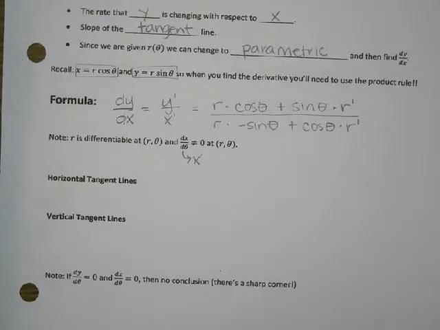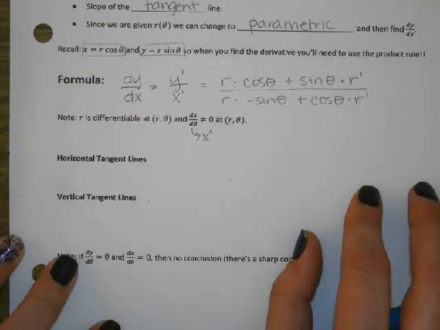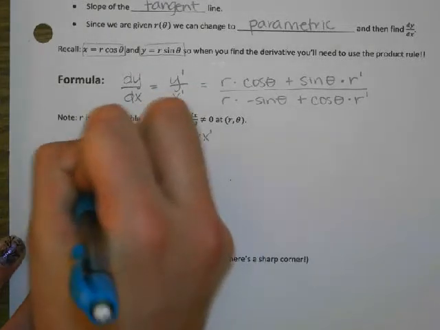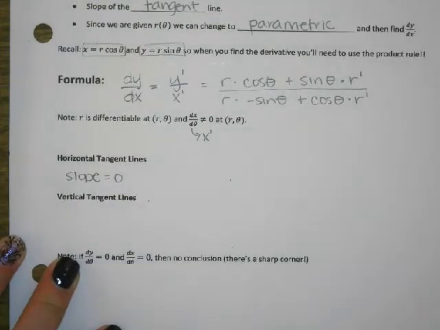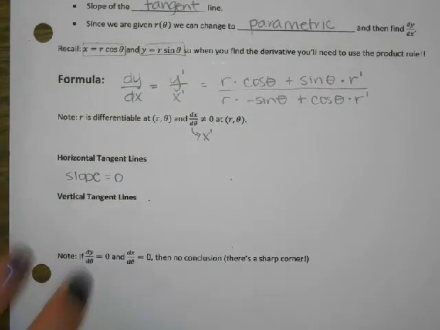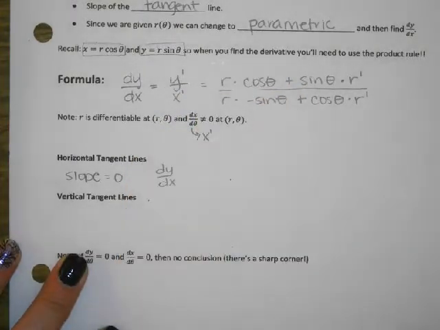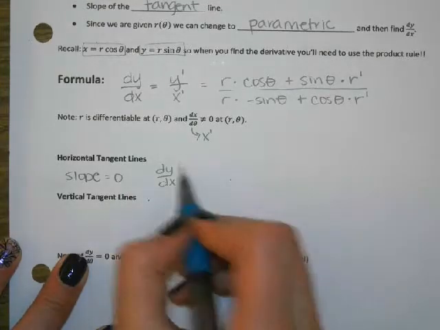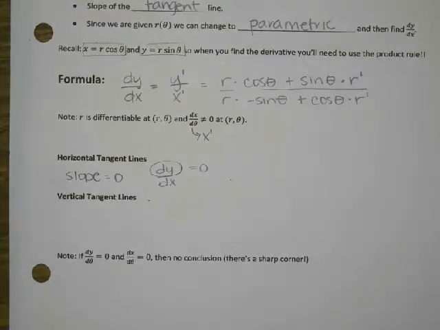Horizontal tangent lines have a slope of 0. And so if we think about the slope being defined as dy dx, then that means that this part right here equals 0, because to make a fraction equal 0, the top has to equal 0.